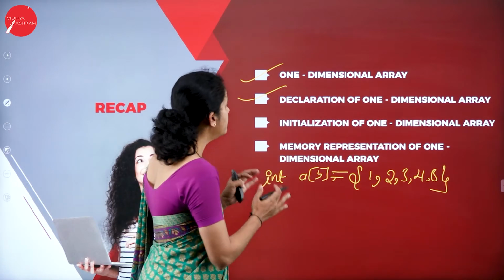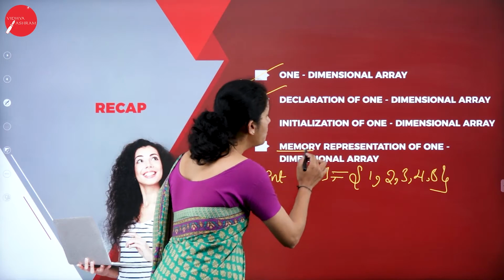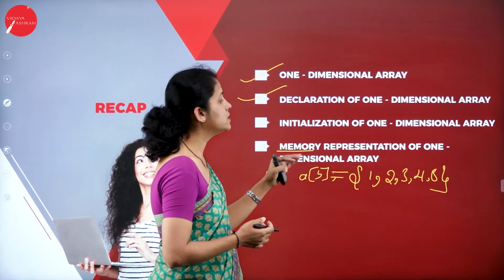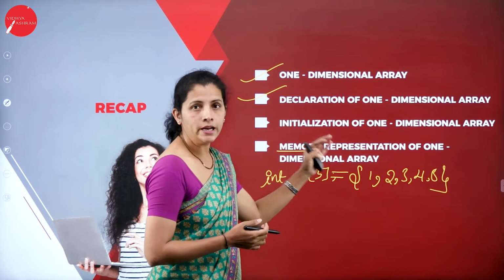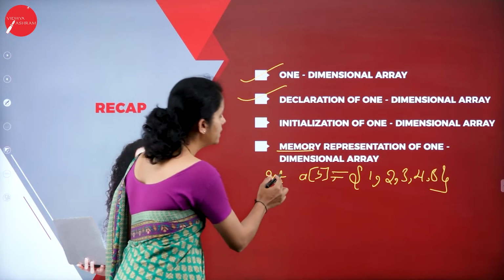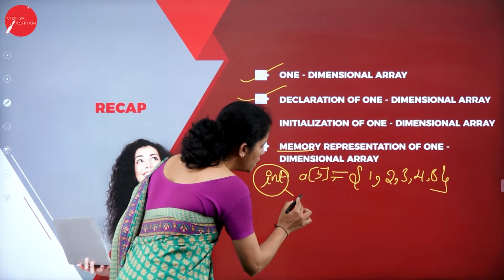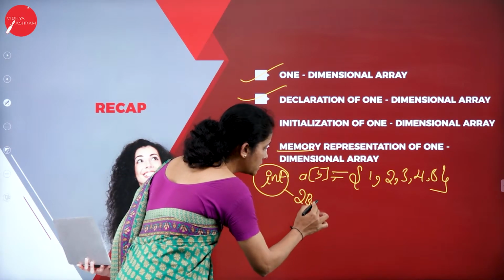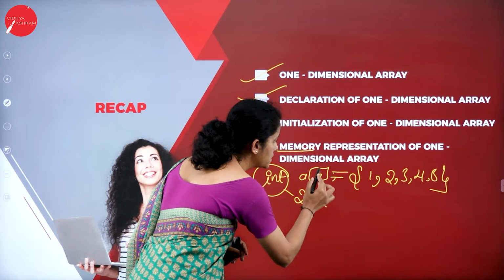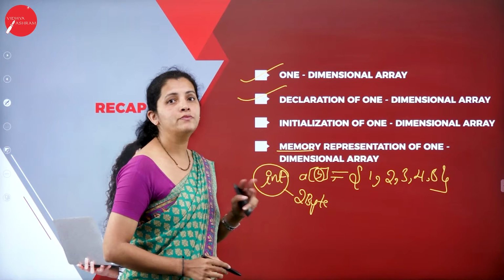Then I discussed how the memory representation of one-dimensional arrays can be done. Here, if I consider this example, integer holds 2 bytes. So what is the capacity of int? It is 2 bytes. And what is the size I'm going to have? It is 5.